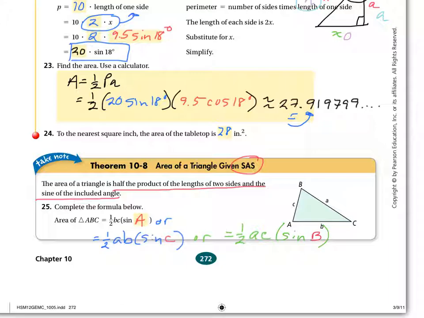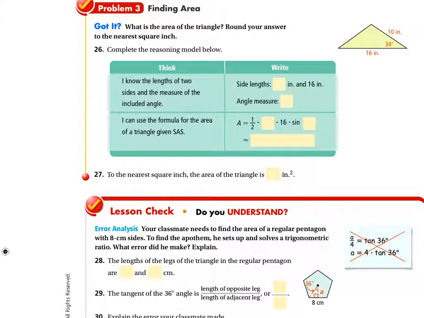All right, so then look at the last page. And then problem 3 is just that. What is the area of the triangle? Round your answer to the nearest square inch. So is this SAS? Yes. So all we're going to do is take area equals 1/2.